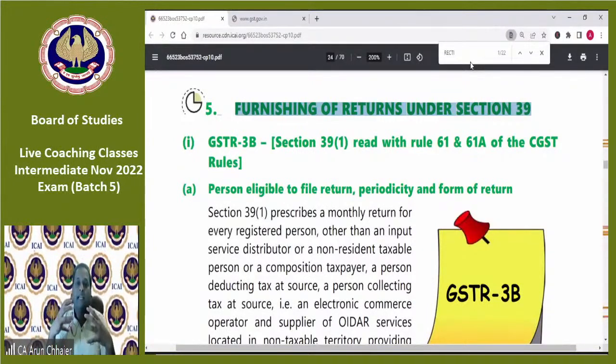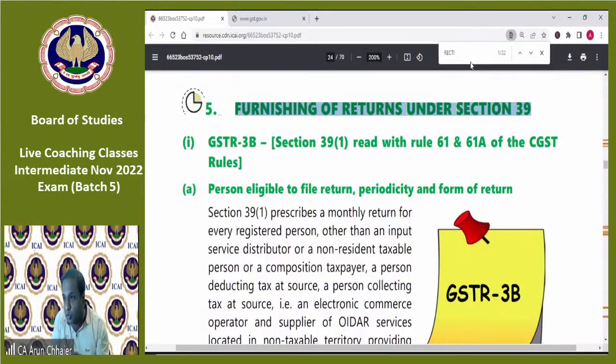If the supplier is filing the GSTR1, what happens? Let's say we are talking about July. Both transactions, whether filed by the due date or after the due date, would appear in the same month's GSTR2A.